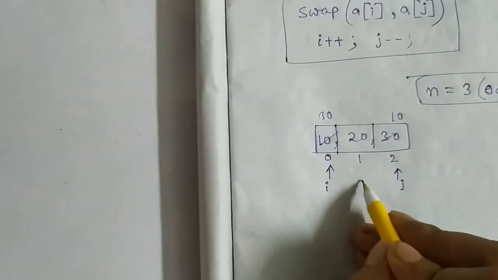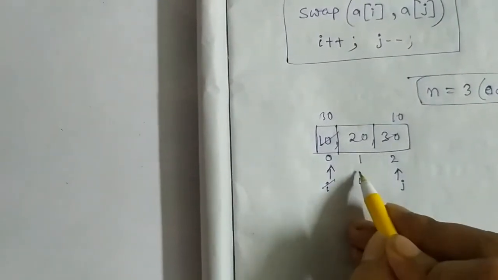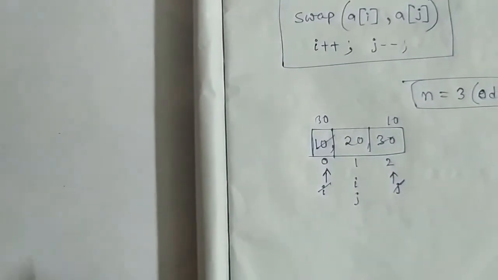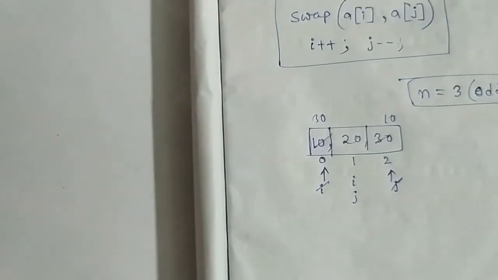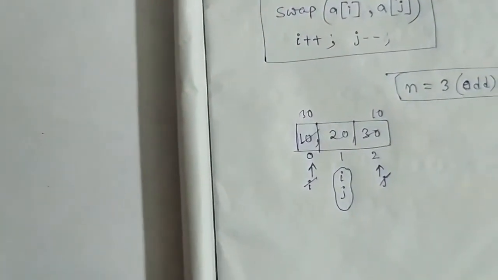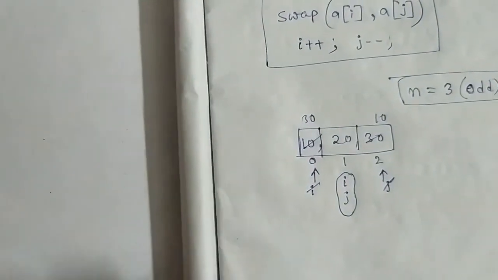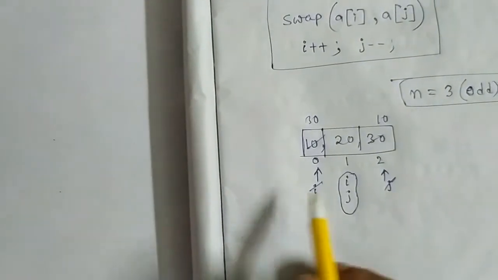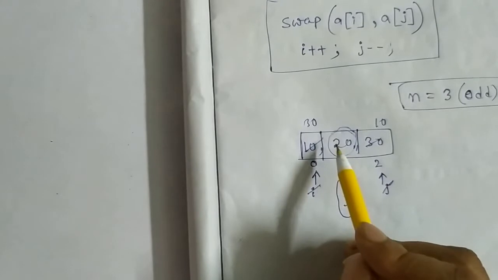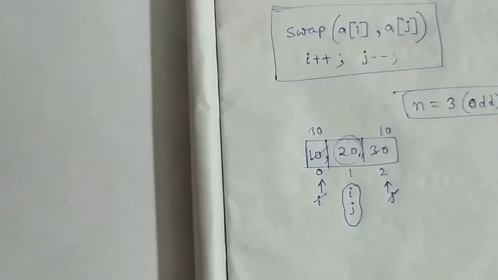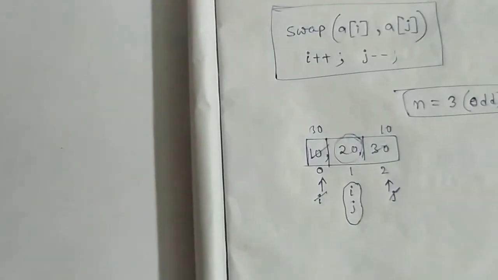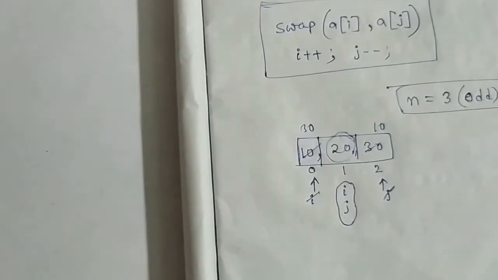After this I increments and comes here, and J decrements and comes to index 1. Here I and J have met. That means I can swap 20 with 20, or I can perform no swap. Both are absolutely okay.